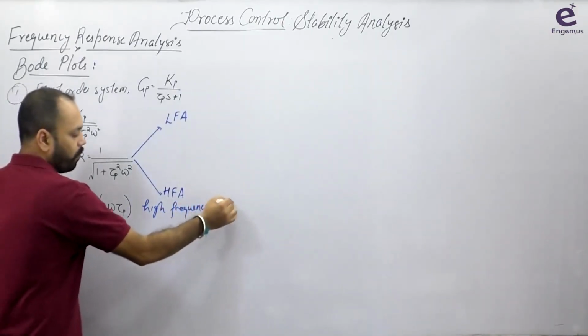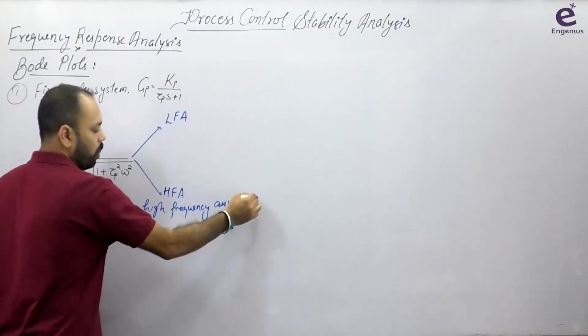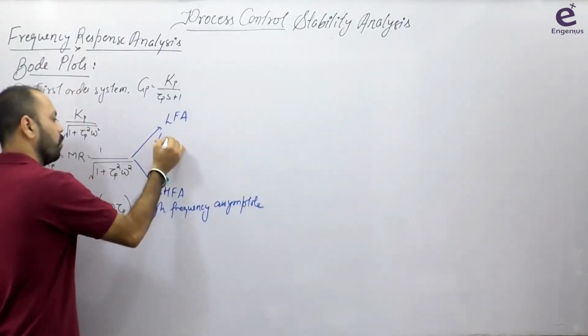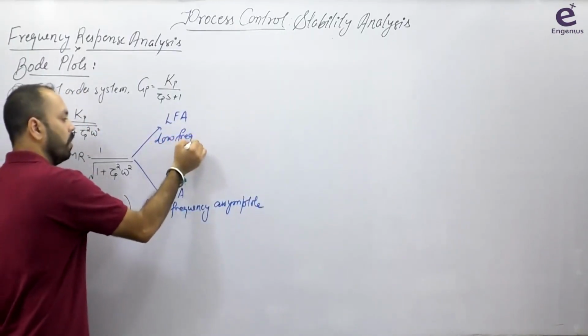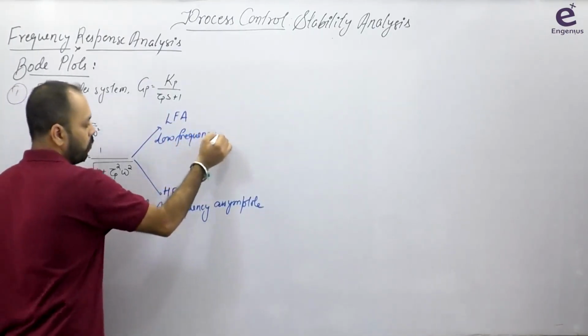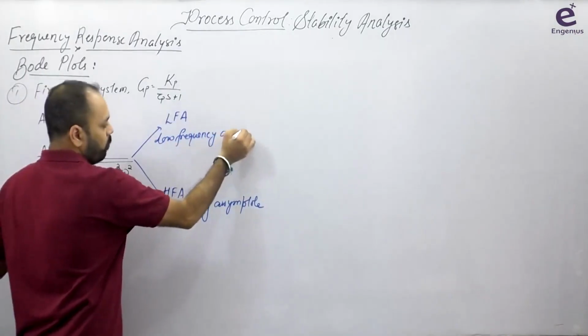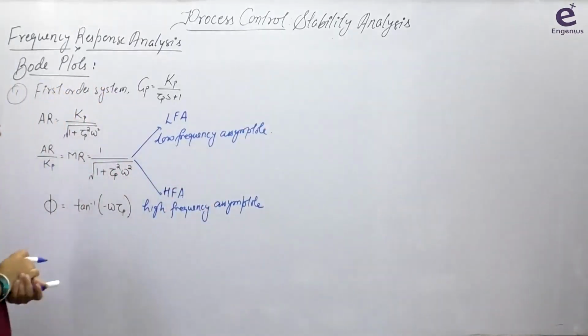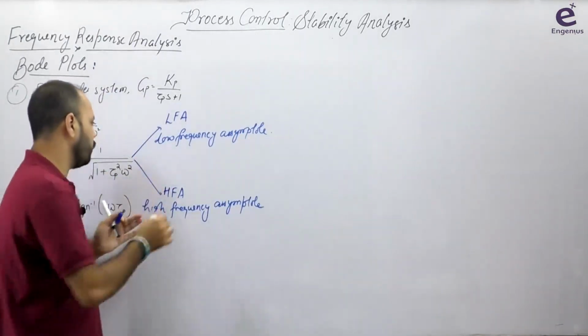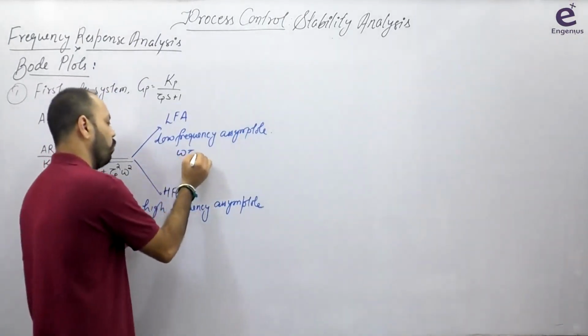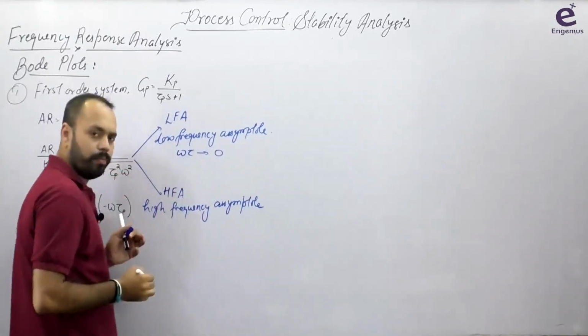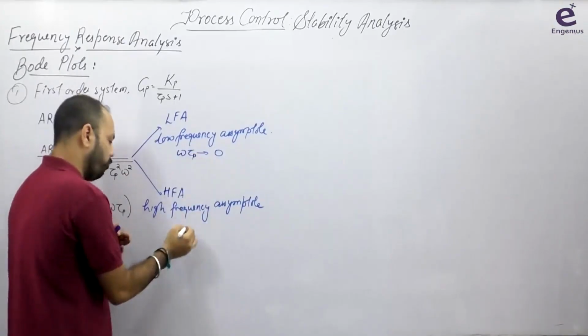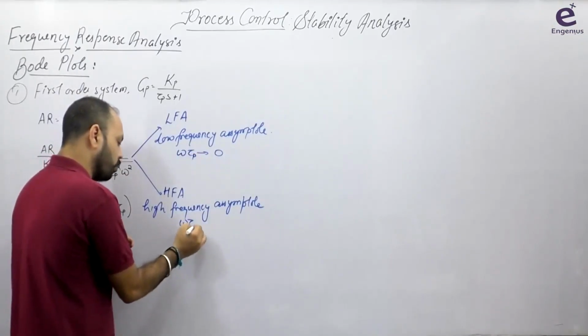What is the meaning of low frequency? Omega tau p is tending to 0. High frequency means omega tau p is tending to infinity.